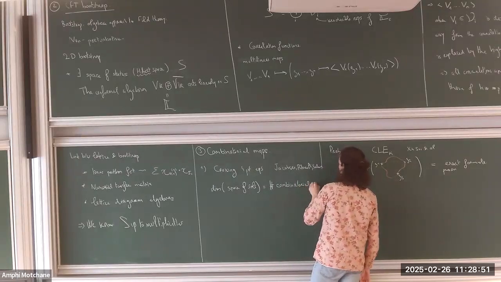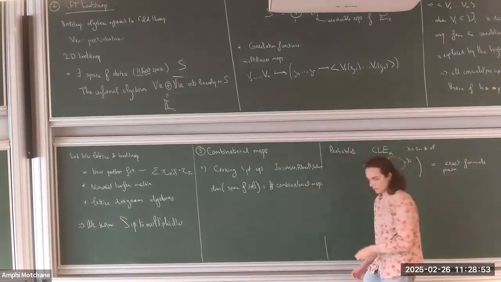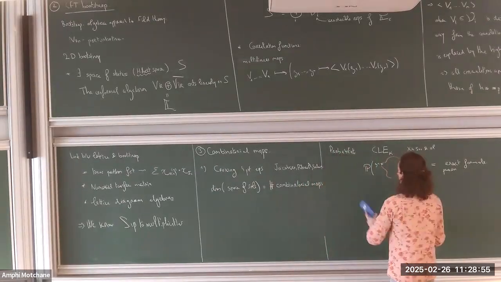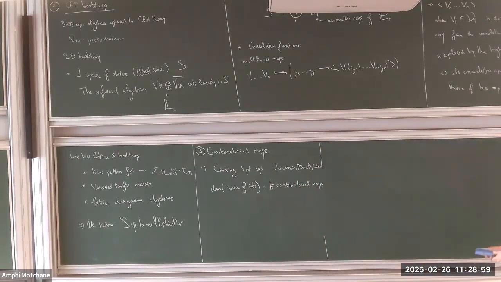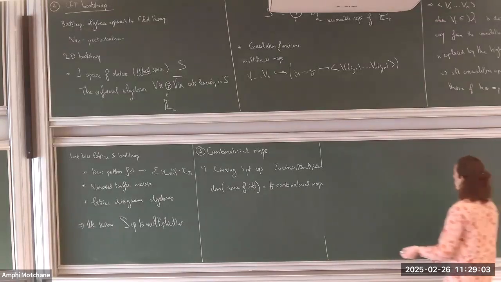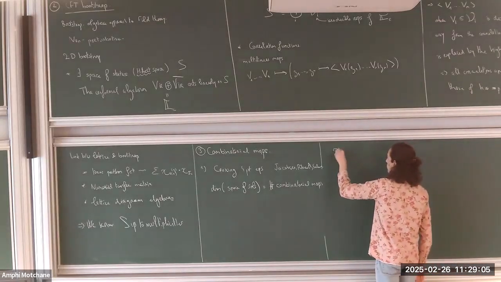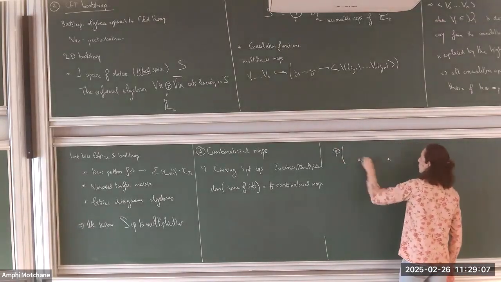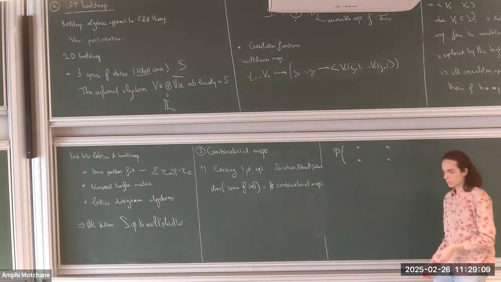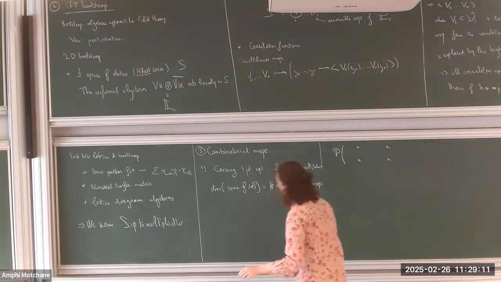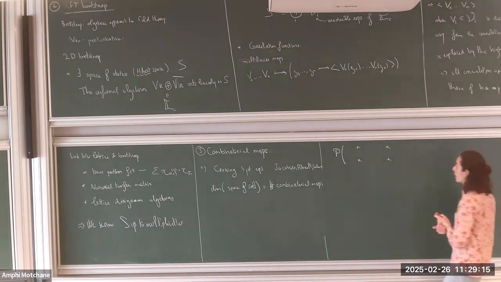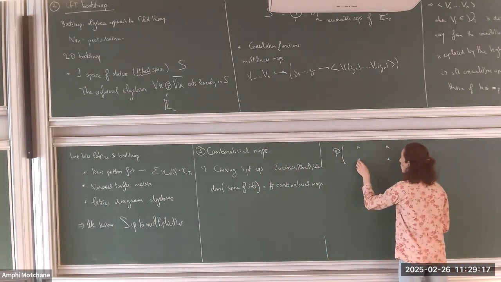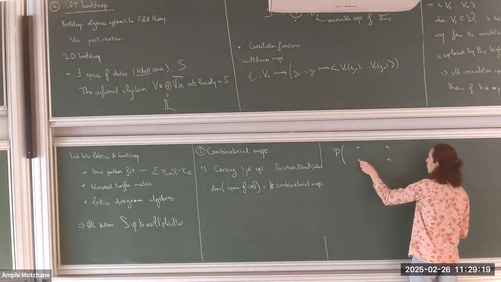I didn't explain what combinatorial maps are, and I'm coming to this right now. So I told you in the beginning, and I just erased it, that the probabilities we are interested in are of the following type. Take a given number of points. I took 4 points because I'm now looking at 4-point functions, and at each point, I can ask that a certain configuration of loops goes through.